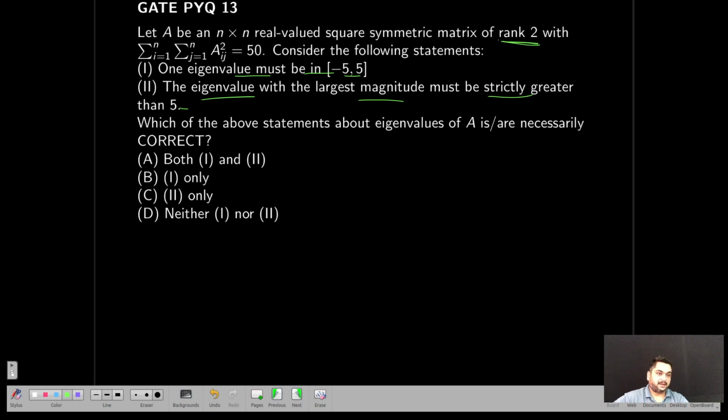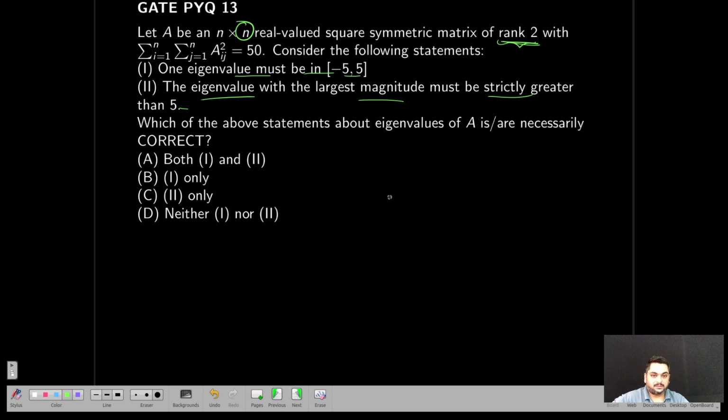So when I say rank 2, there may be any number of eigenvalues, but at least 2 eigenvalues will be non-zero. That is the meaning. When I say the rank of the matrix is 2, if there are n eigenvalues, then 2 eigenvalues will be non-zero.